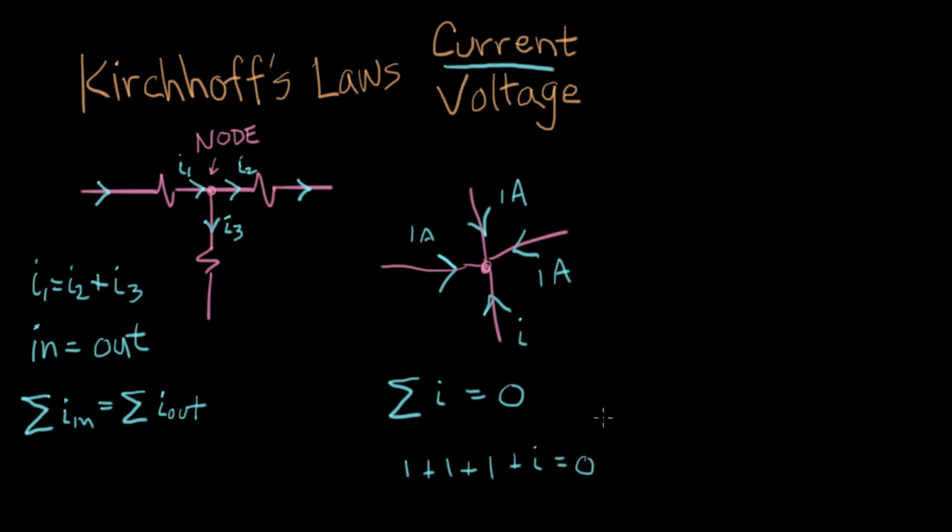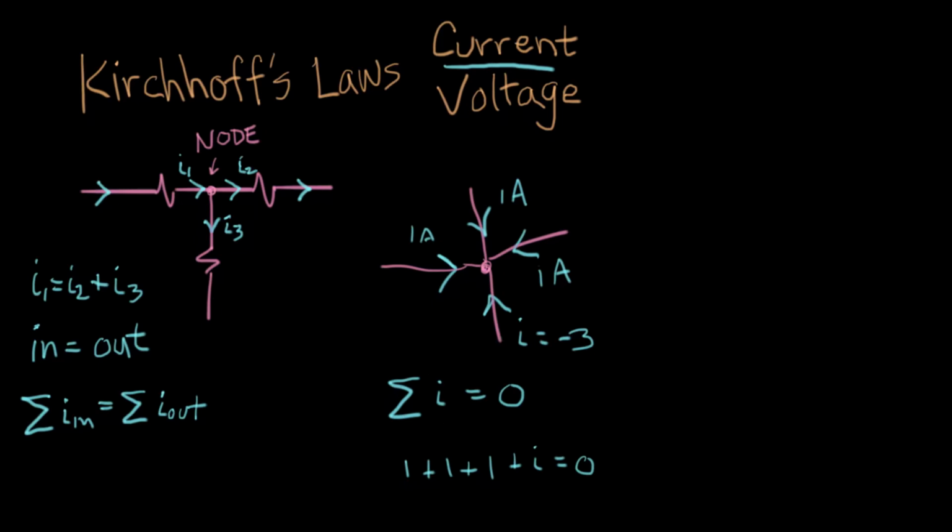And what that says is that I equals minus 3. So that says minus 3 amps flowing in is the same exact thing as plus 3 amps flowing out. So 1 amp, 1 amp, 1 amp comes in, 3 amperes flows out.